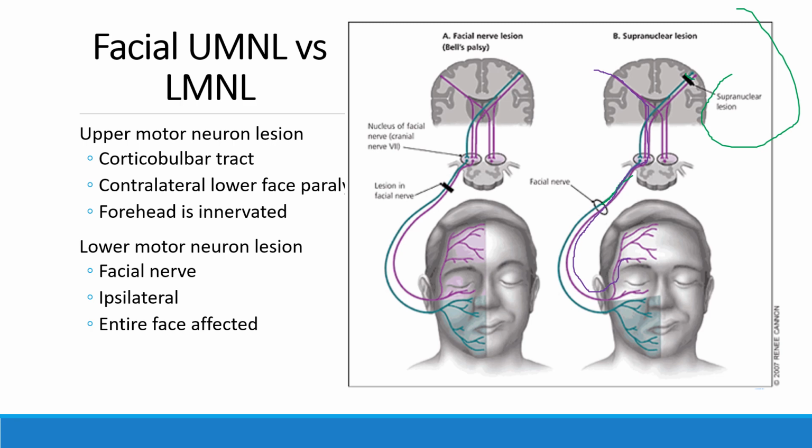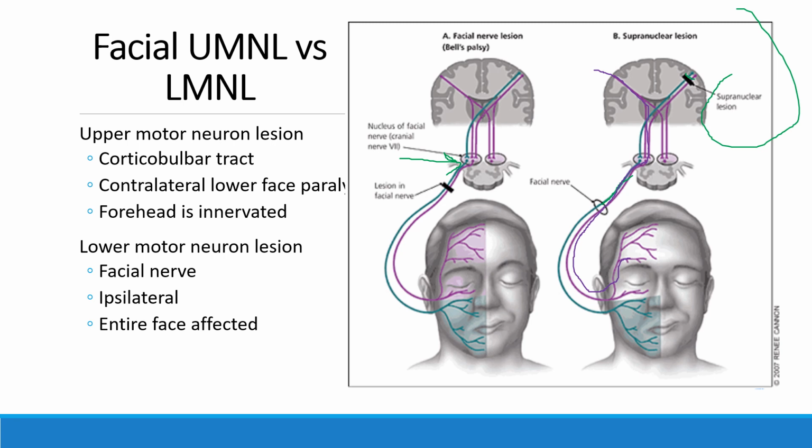With a lower motor neuron lesion, here is the lesion: the nucleus of the facial nerve, cranial nerve 7. So remember our rule of 4s. We do our 12 cranial nerves and group them in 4s. Cranial nerves 1, 2, 3, and 4 are midbrain and above, though 1 and 2 are not in the midbrain. Then 5, 6, 7, 8 are in the pons, and 9, 10, 11, 12 come from the medulla.